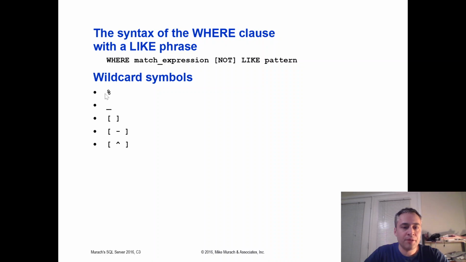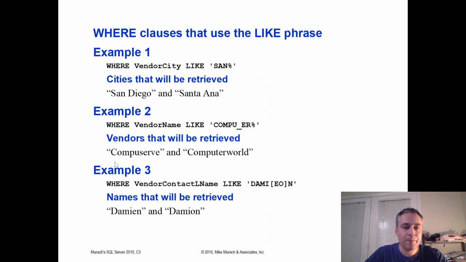Brackets mean one character from the list inside the brackets, like A, B, C, D, and so on. You can use a dash inside the brackets, from A to Z, so that would be any single character from A to Z. And the caret symbol means not. For example, not XYZ would mean any other character except for XYZ.